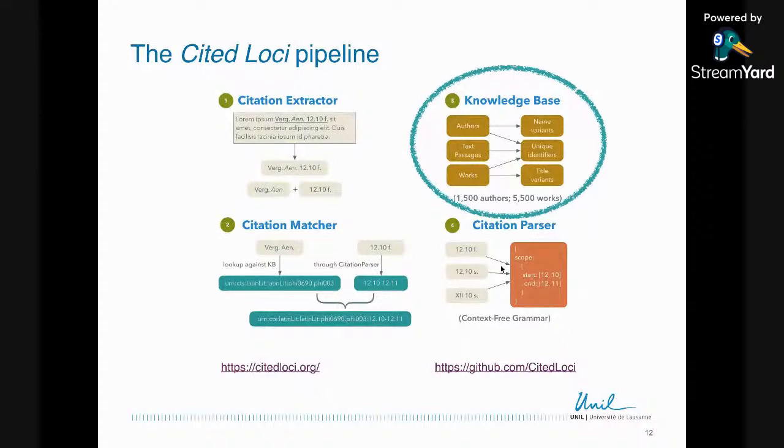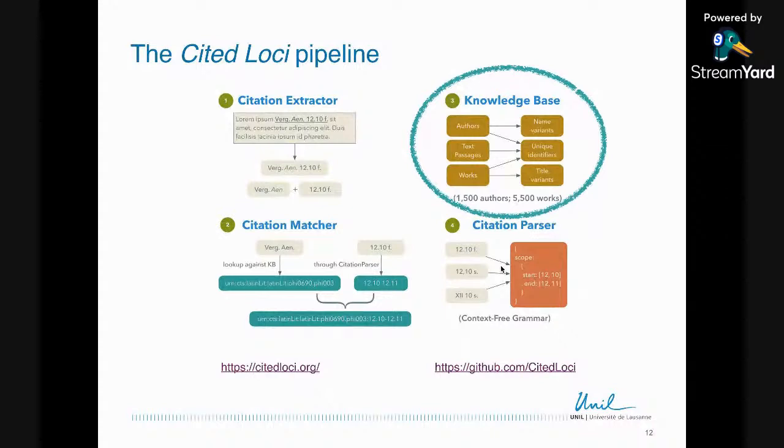So the content of the citation is this list of text elements, and these text elements are part of a text structure, a logical text structure of a given work, in this case of the Aeneid. So this is how the information is modeled in the knowledge base.